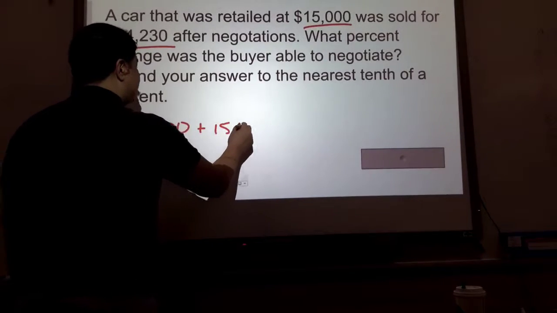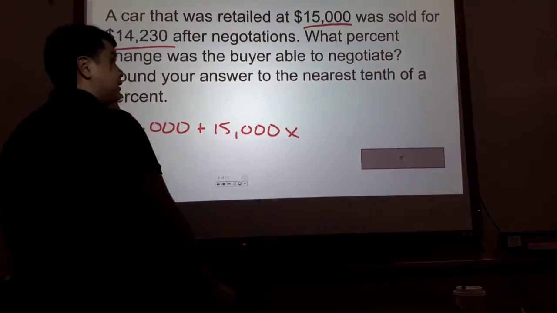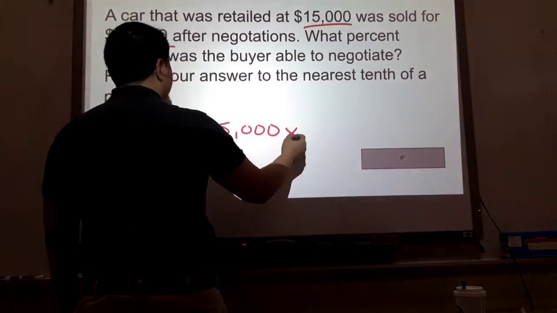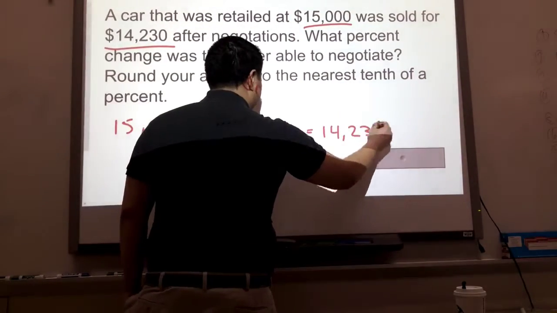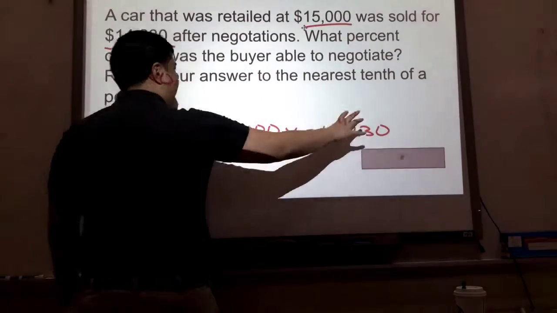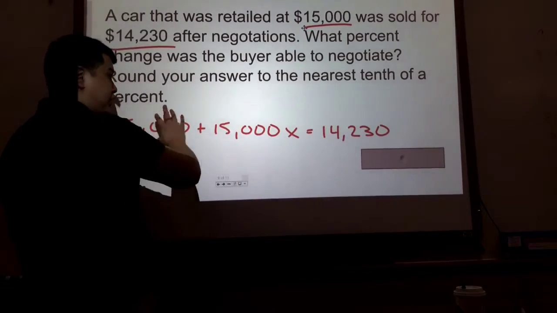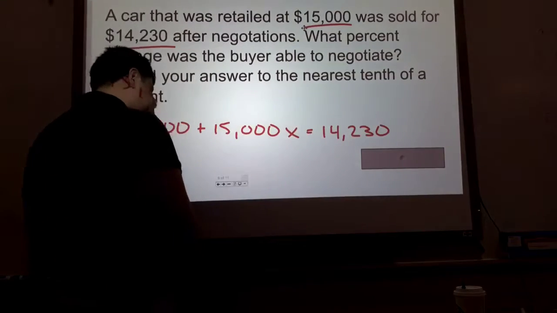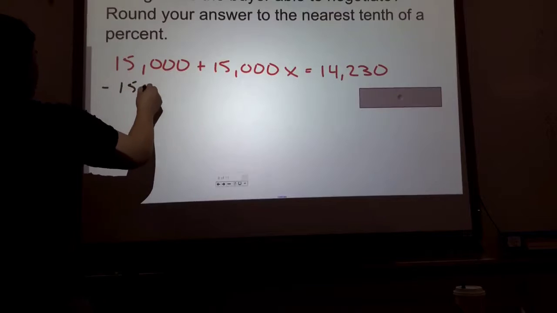So we have 15,000 plus 15,000x, which is our percent change, equals 14,230. Notice how this is the initial value, this is the final value. That means that this has to represent the change between the initial and the final value. We're going to subtract 15,000 from both sides.